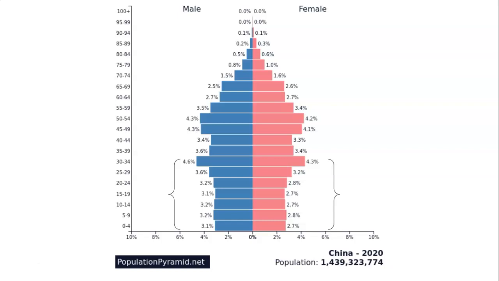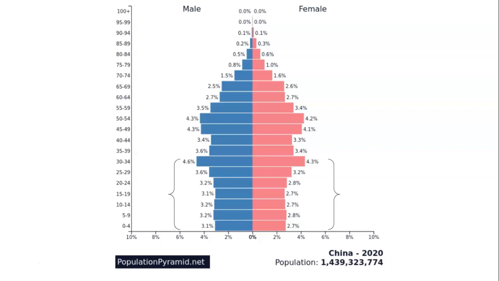And if it was a girl, oftentimes they could be aborted or they would be abandoned, and they would try again looking to have a boy. And so you had a lot of young baby girls who were either not born or were killed, and therefore you had a big difference in the number of males to females in the younger generations.